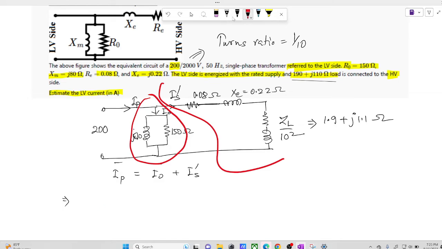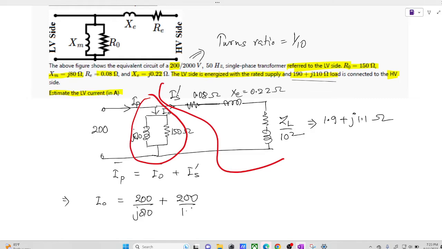So we will start with I naught. I naught will be equal to 200 by j80 plus 200 by 150.